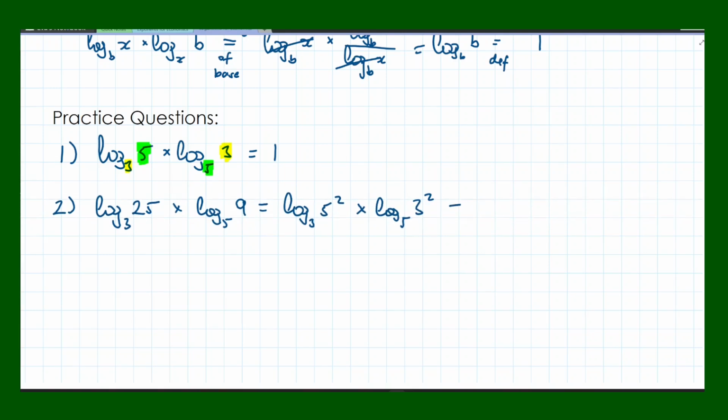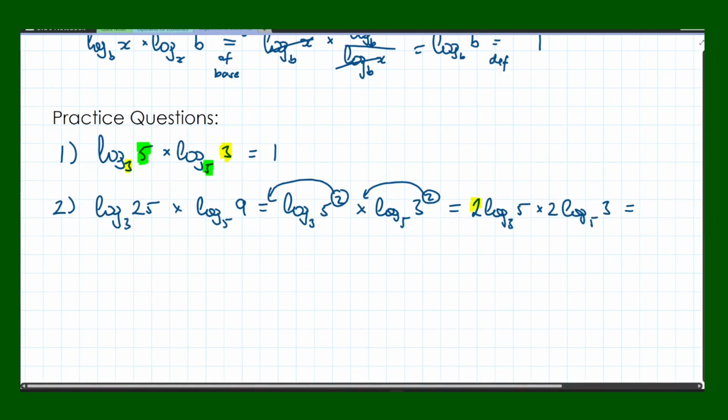Now we're almost there. We can almost apply the rule, except there are exponents in both logs. So what we need to do is bring those exponents down. So we can write 2 times log_3 5 times 2 log_5 3.